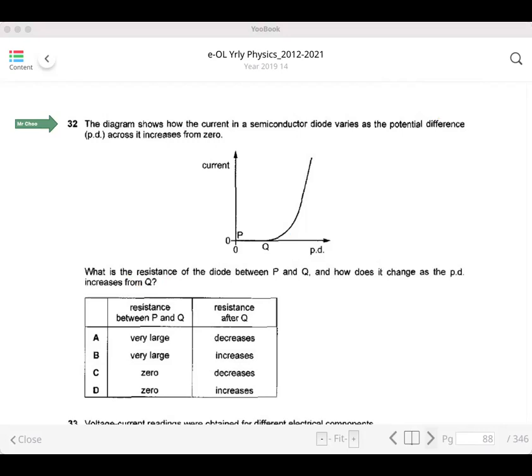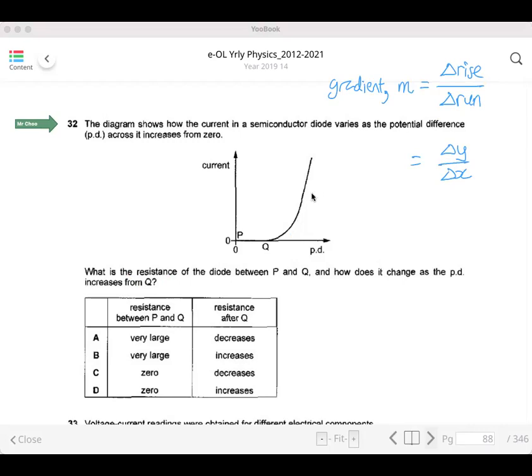When we talk about gradient, the symbol is M. It's always talking about the rise, the change of rise over the change of run. You learned this in lower secondary mathematics, am I right? This is also the same as change of y over change of x. Up to here, is that clear?